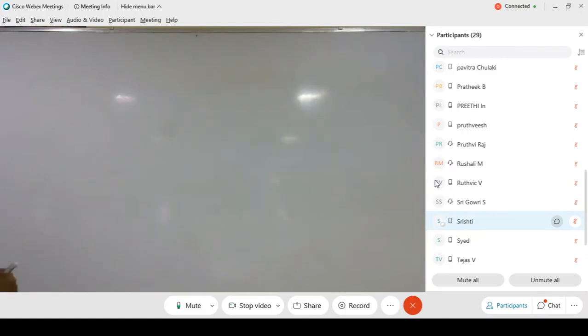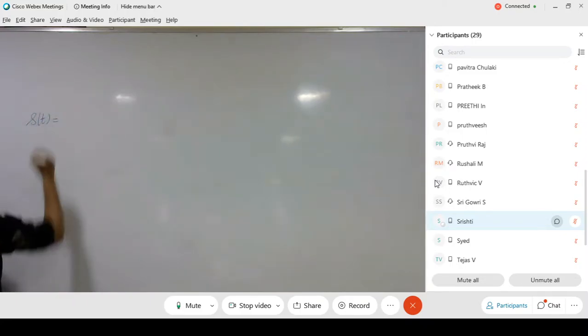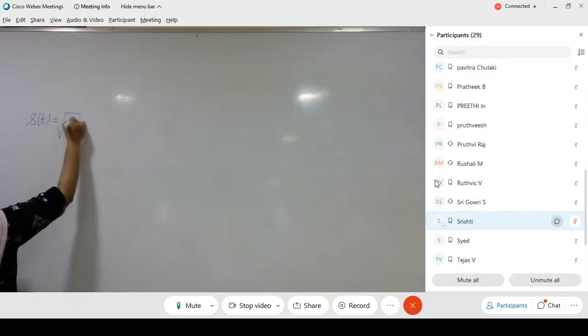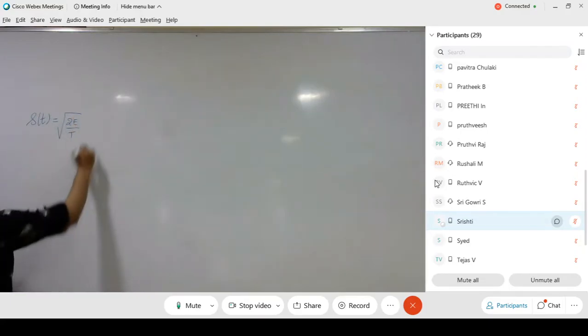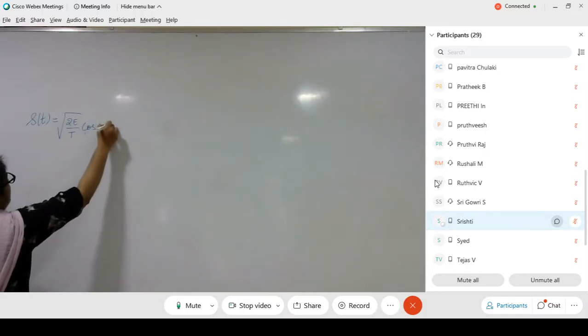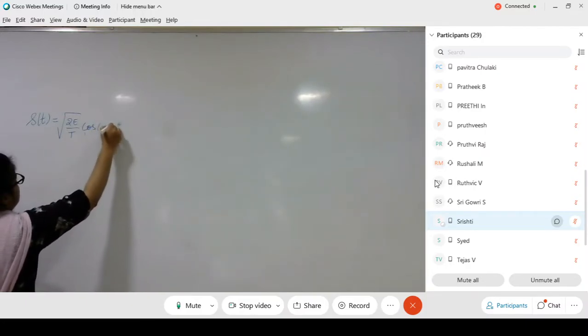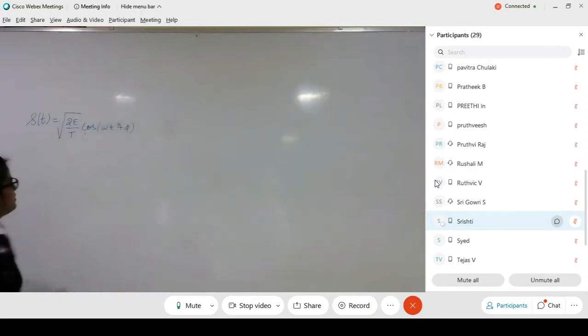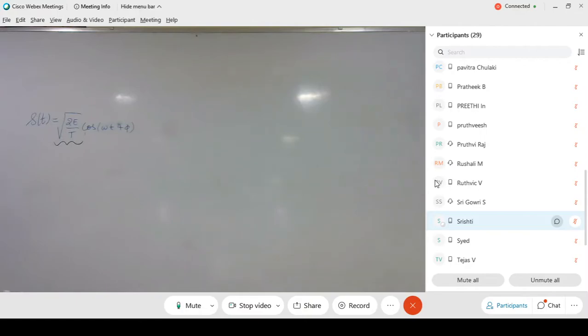You have been asking about the symbol expression S of t as square root of 2E by T into cos omega t plus phase, whatever, omega naught t or omega i t. I have been writing it like this. I think Tejas asked the question why we are choosing the amplitude like this.